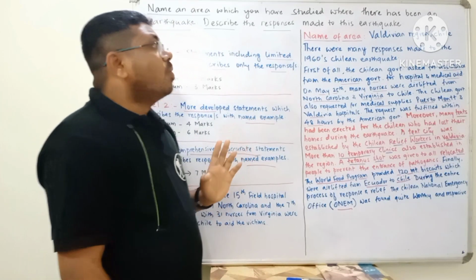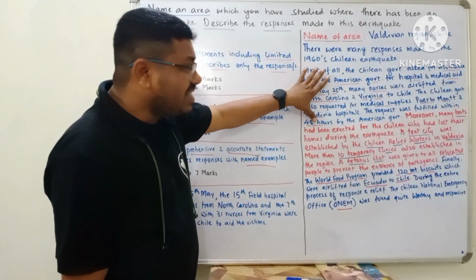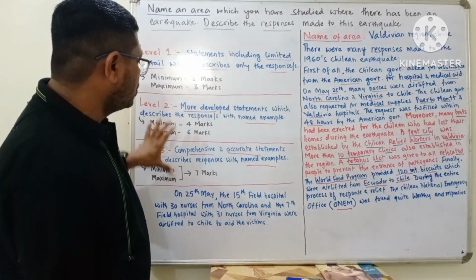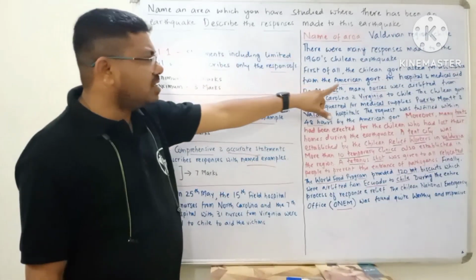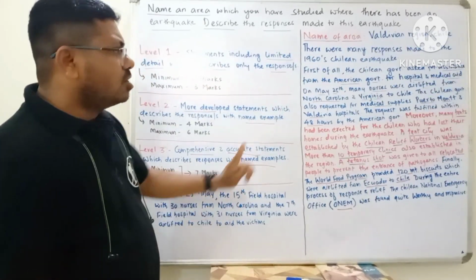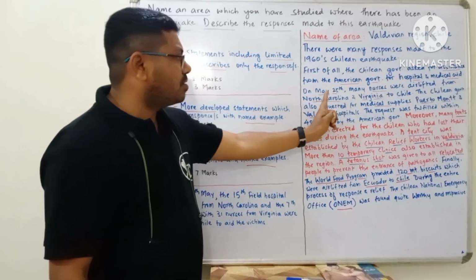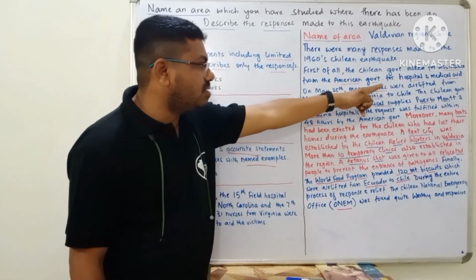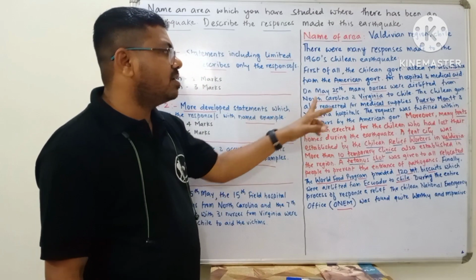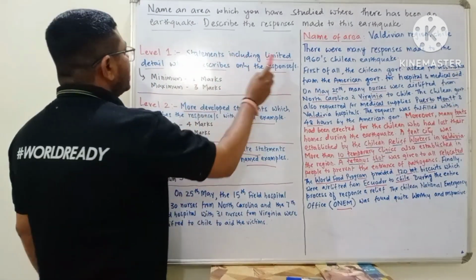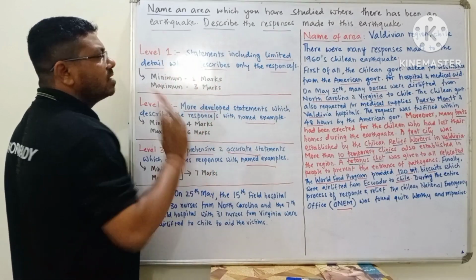Fine. Now, does this idea fall into level 1, level 2 or level 3? Let us see what is given in idea number 1: assistance from the American government for hospital and medical aid; on May 25th, many nurses were airlifted from North Carolina and Virginia to Chile. Level 1 says statements including limited detail which describe only the responses.